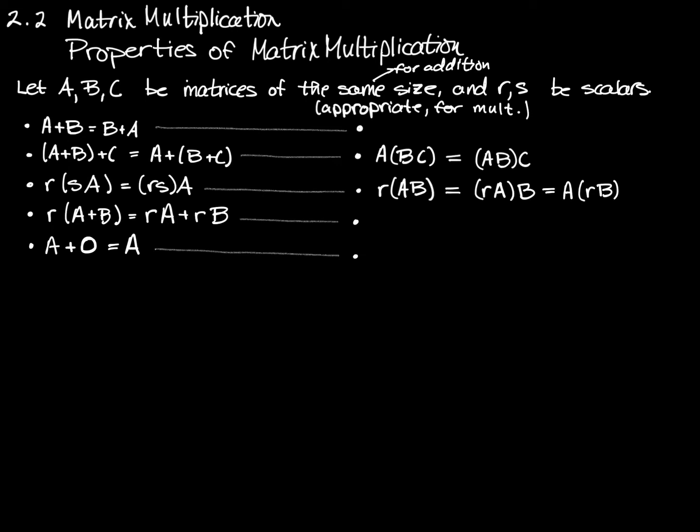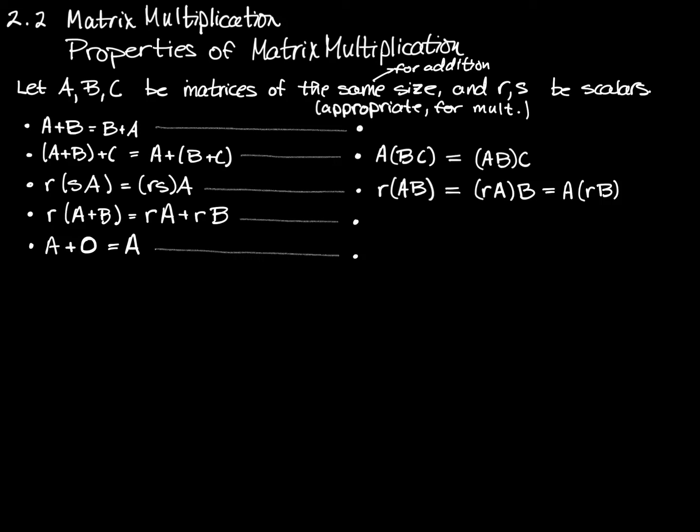I cannot just multiply two matrices together in any order and expect to get the same result. That's true in the real numbers, but it's not true for matrices. So while I'm saying that it doesn't matter where the scalar is, it very much matters what order the matrices are in here. Same thing with this one.